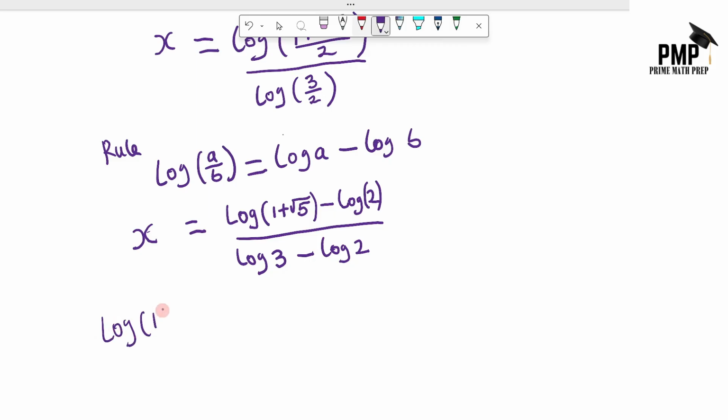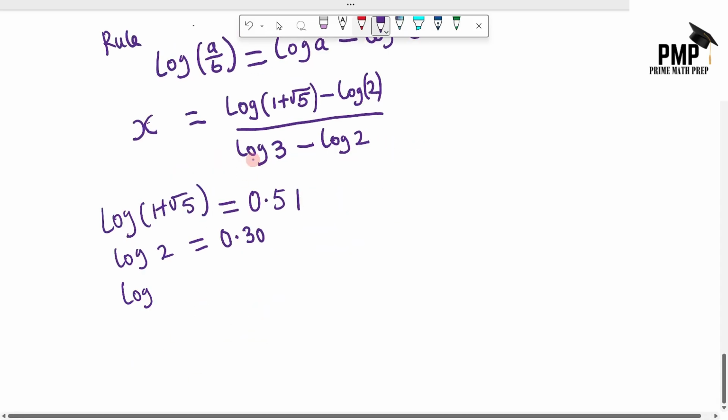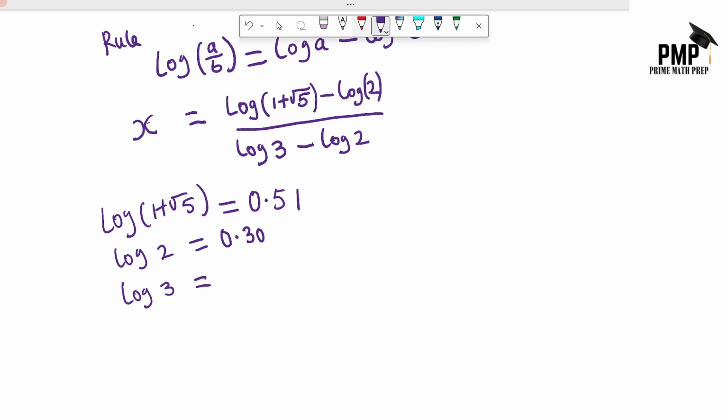Log (1 + √5) is equal to, using our calculator, 0.51. Log 2 is equal to 0.30. Log 3 is equal to 0.48.